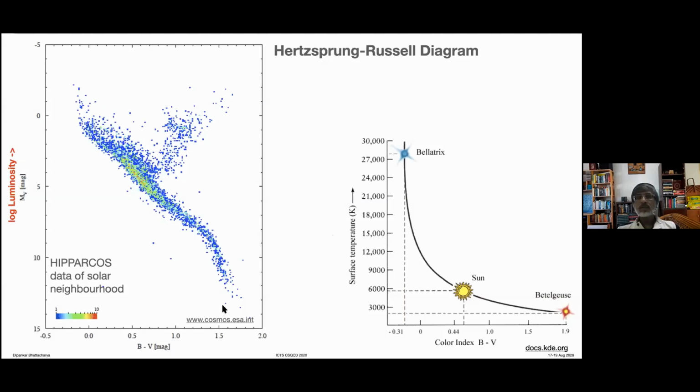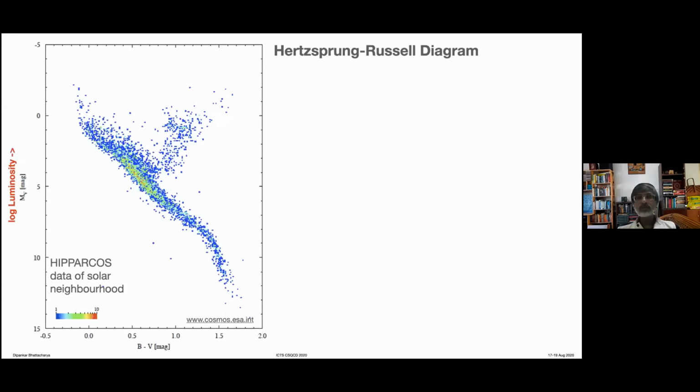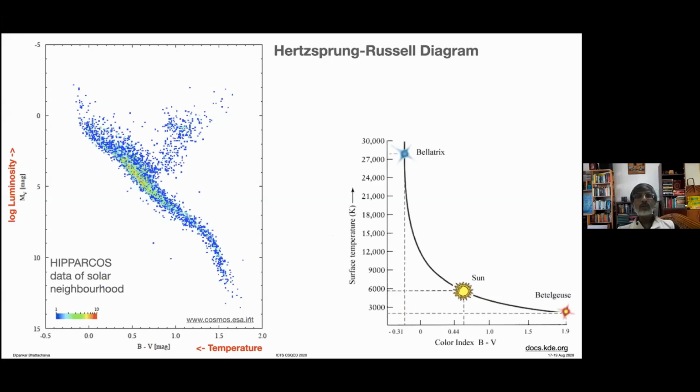So what you have on the horizontal axis, therefore, is a measure of temperature. And given the inverse relation between color index and temperature, in this diagram, temperature goes from right to left. So that's very well. So we have a whole lot of stars for which these can be measured.